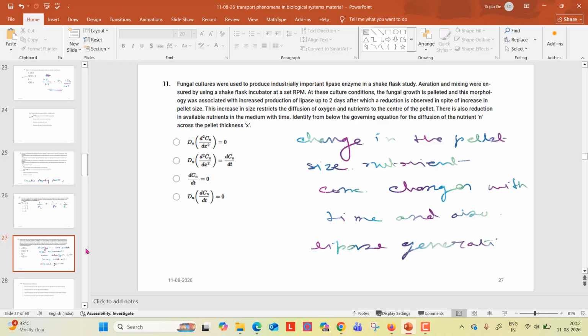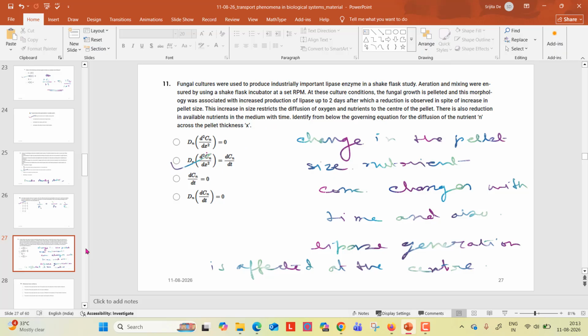That means the nutrient concentration is varying with time and with position also. So this is simply option B.